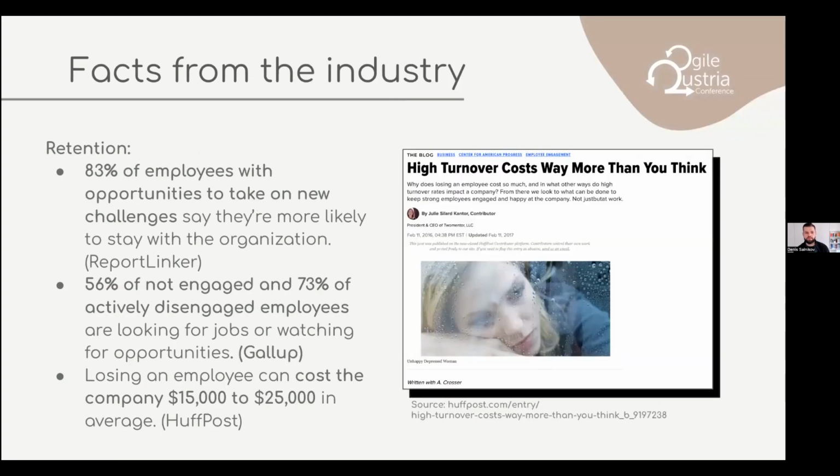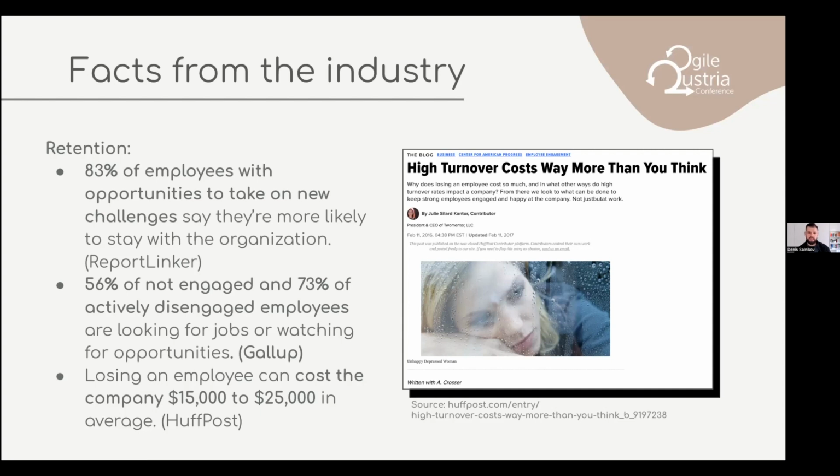When it comes to facts from the industry and why this is important, first of all, from the retention perspective, 83% of employees, according to different studies, are always looking for some new challenges to take. But if they're highly engaged, they're more likely to stay in the organization. At the same time, 56% of people not engaged and 73% of actively disengaged employees are much more likely to accept offers from another company.